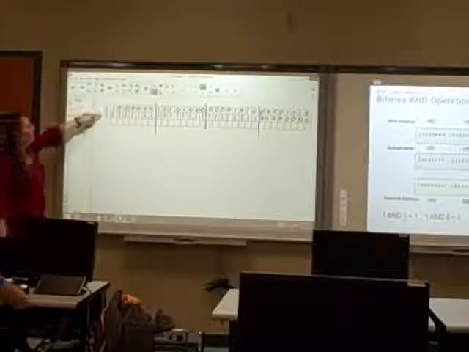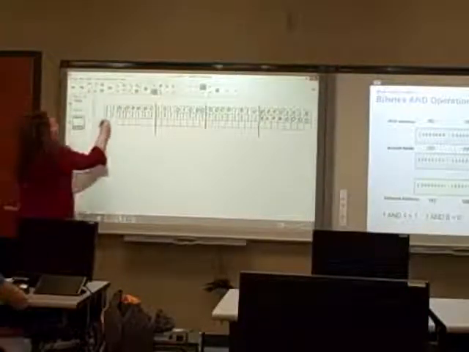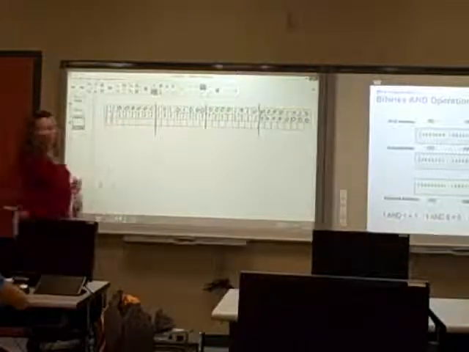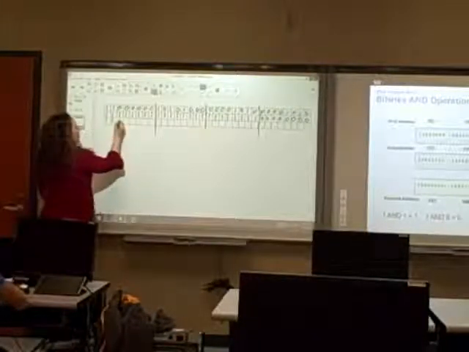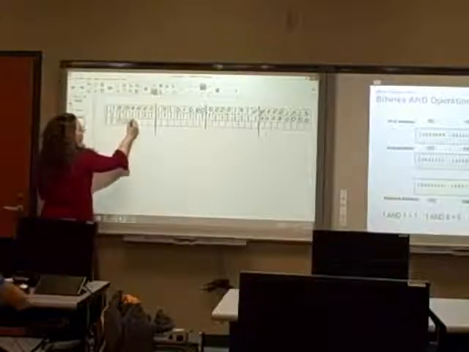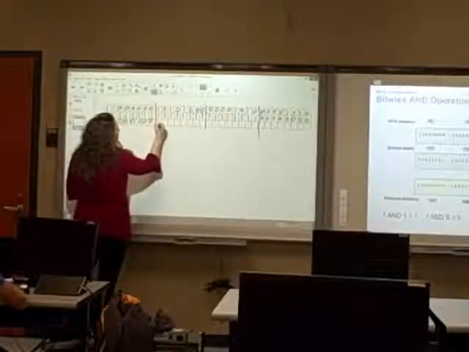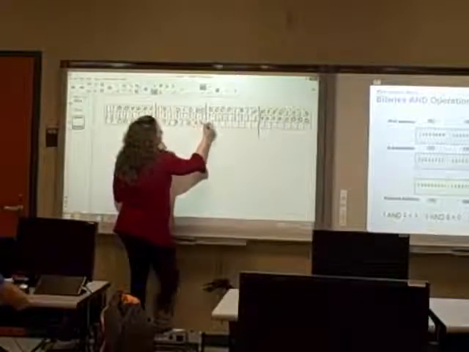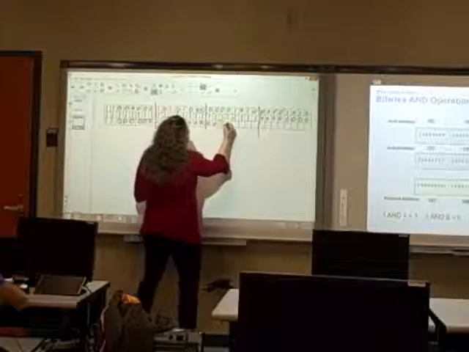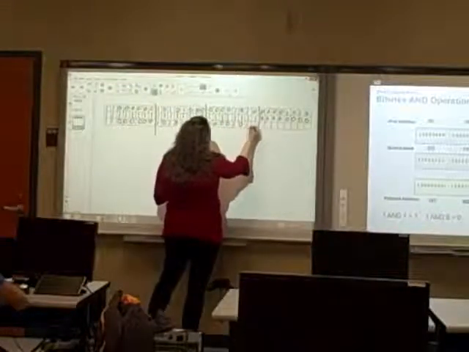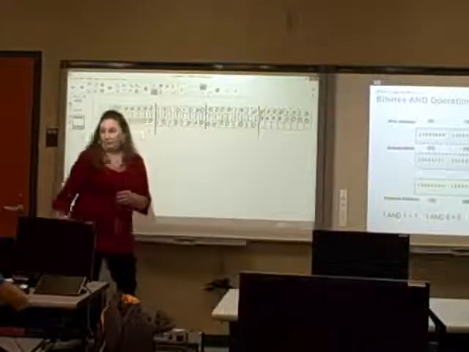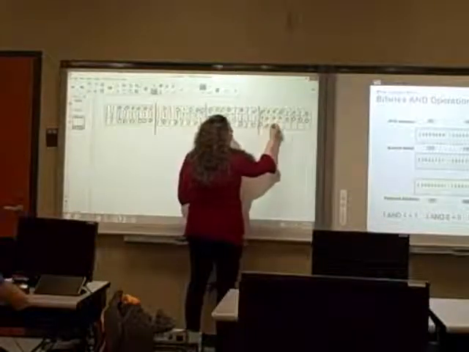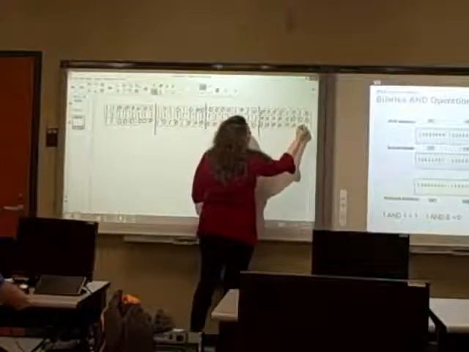Now, 1 AND 1 is 1. 1 AND 0 is 0. The rest of them are zeros because my subnet mask was all zeros there.